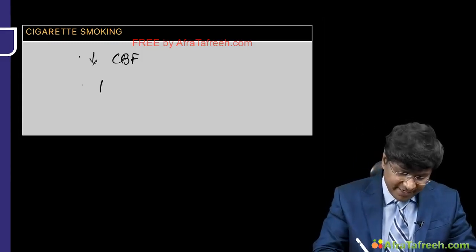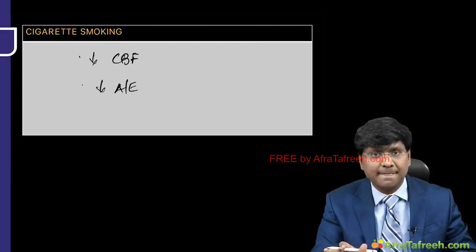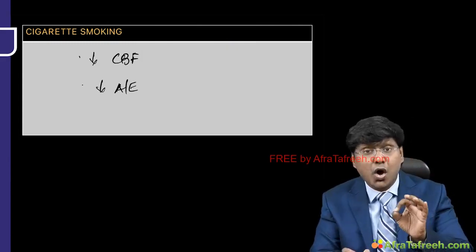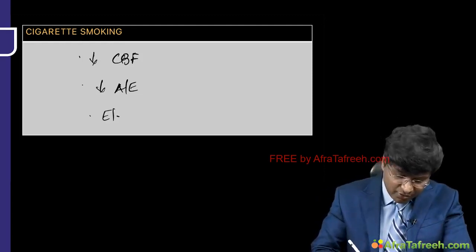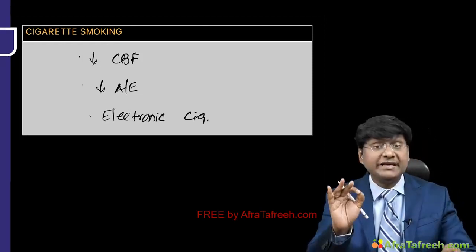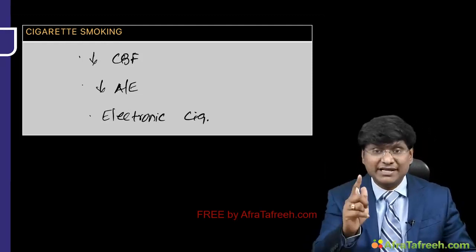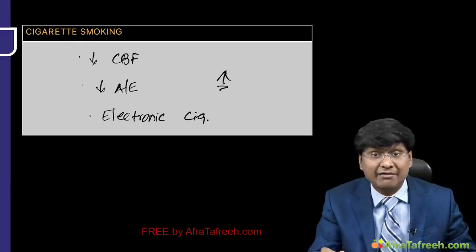So there will be a decrease in the adverse events once you stop smoking. And even non-combustible tobacco, where will you have non-combustible tobacco? That is in electronic cigars. So even these electronic cigars will increase the frequency of angina episodes. Even they have to be stopped.